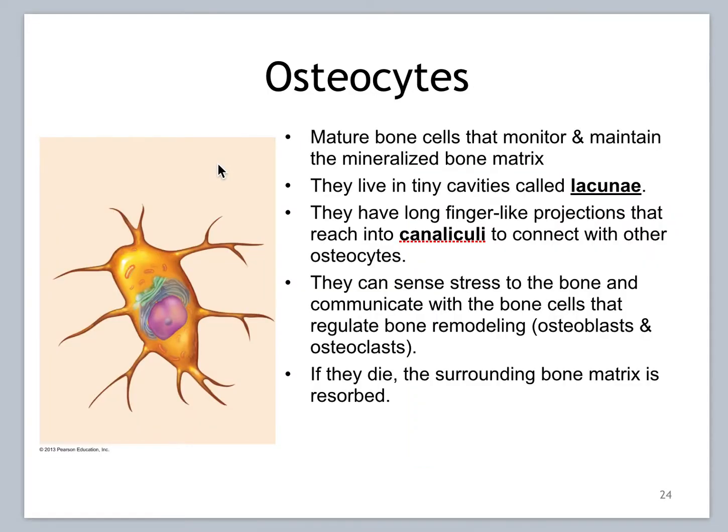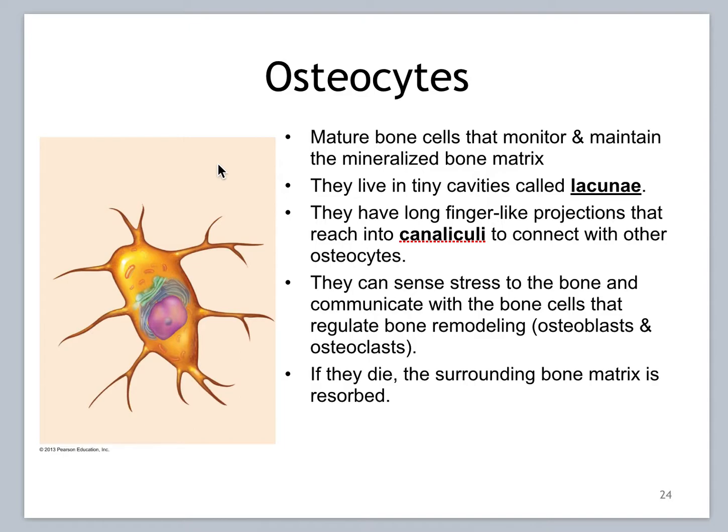Osteocytes. We talked about osteocytes before. Remember the cytes, cells? These are mature bone cells that monitor and maintain the mineralized bone matrix. They live in tiny cavities called lacunae. They have long finger-like projections that reach into the canaliculi to connect with other osteocytes. They sense stress to the bone and communicate to the bone cells and undergo bone remodeling.